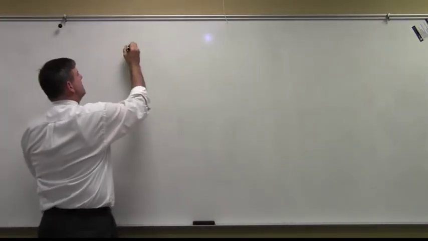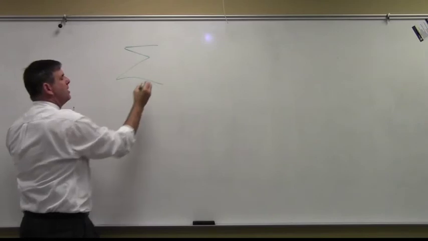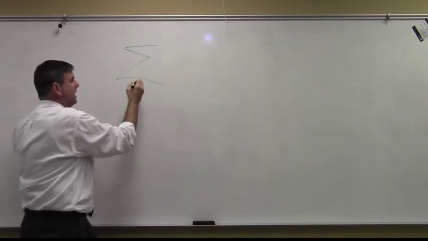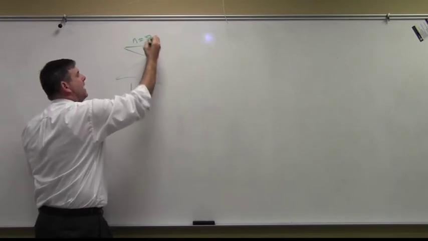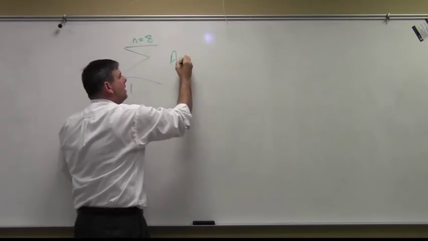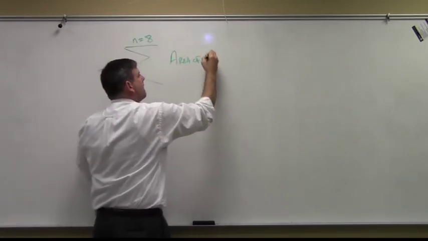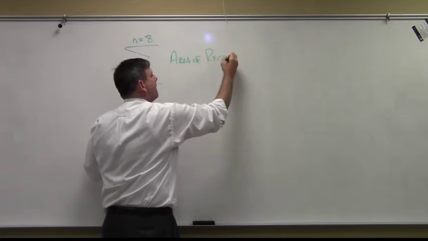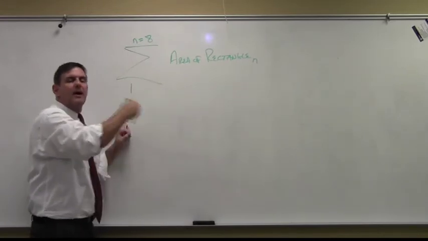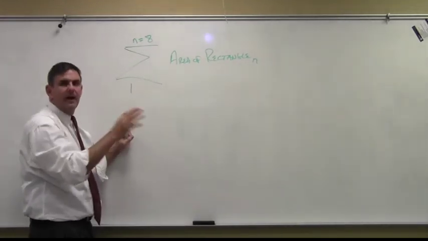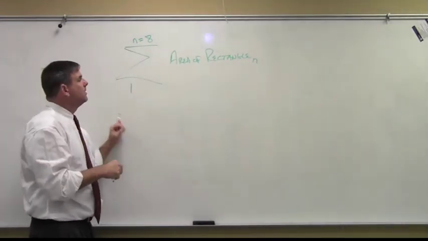In summation, we're taking the summation in that last case from n equals 1 up to n equals 8 of the area of rectangle sub n. In other words, the first rectangle, the second rectangle, the third rectangle, all added together.